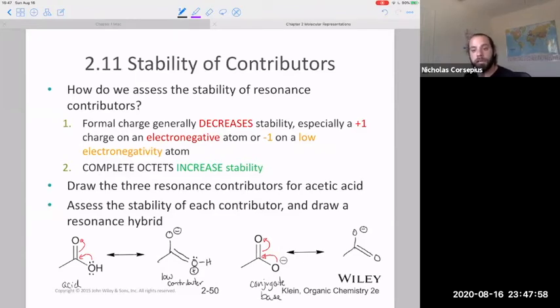One of the oxygens has a negative charge on it, the other one is neutral, or has a formal charge of 0. And this is now a great resonance contributor. It's equally stable. This is just showing how this negative charge is being delocalized throughout this pi bonding system. So this is an example where your two resonance contributors are equally stable, and so we would expect this to have a very big role in the chemistry of it. We would expect these two bonds to be exactly identical in length, for example.